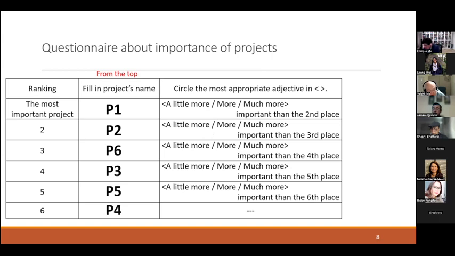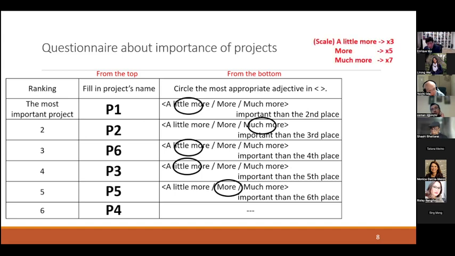Next, they evaluate the differences in importance starting from the bottom here. I use the adjective-based scale of AHP. And just like in AHP, we converted it into numerical values. Then I multiply the lower importance values by the corresponding numerical values.